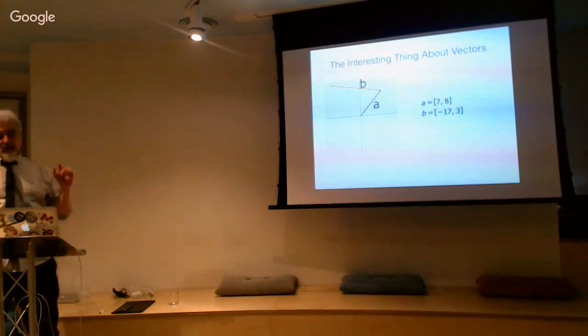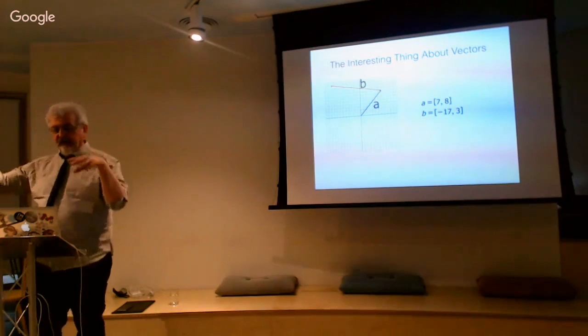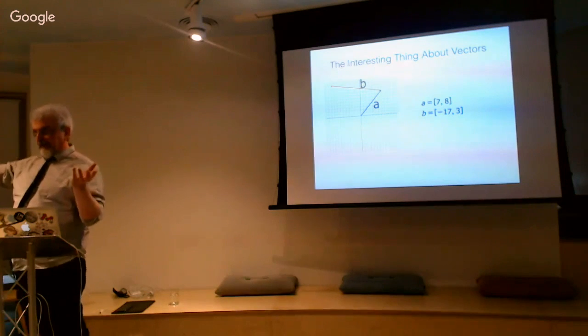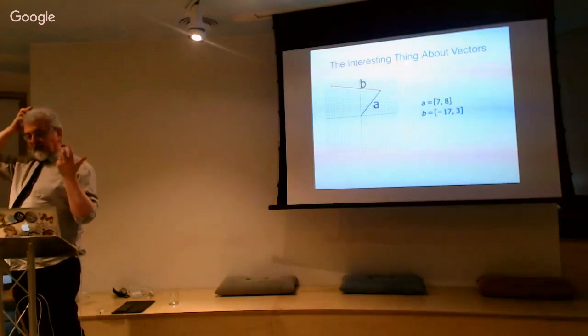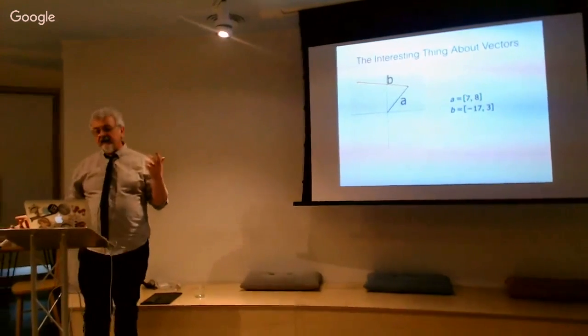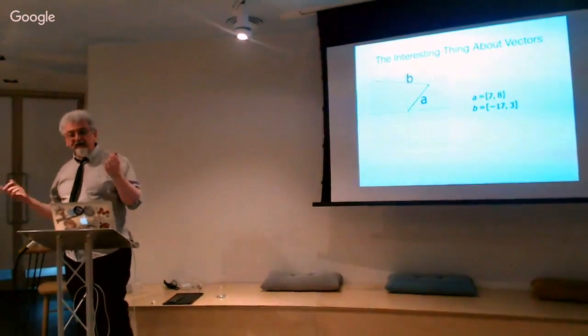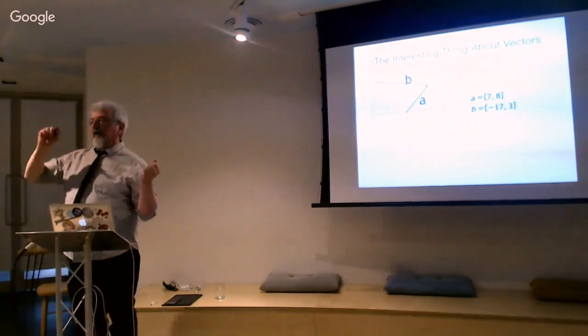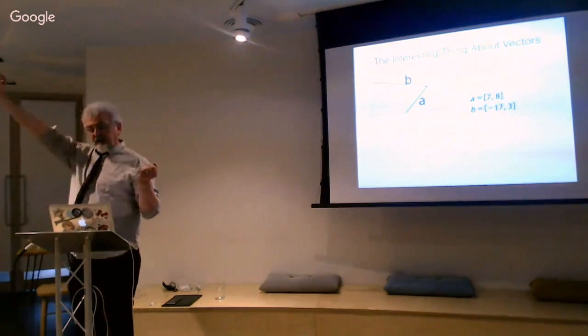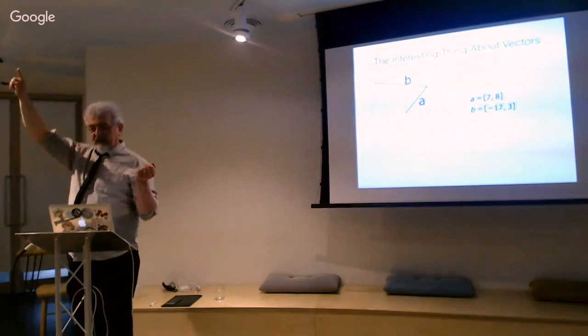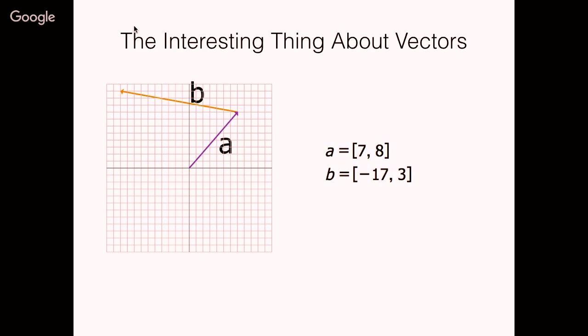Points in Cartesian space, you usually say something like (7, 8) is a point in Cartesian space, a concept I think we're all familiar with. You can also think of them as vectors. So the point at (7, 8) is if you start at the origin and you go 7 across and 8 up. So suppose we've got two vectors and they look like this in space.